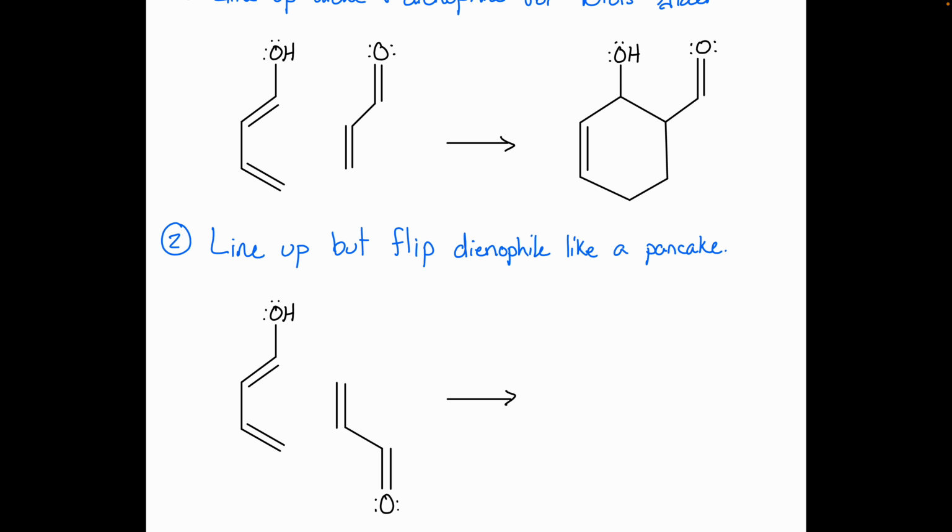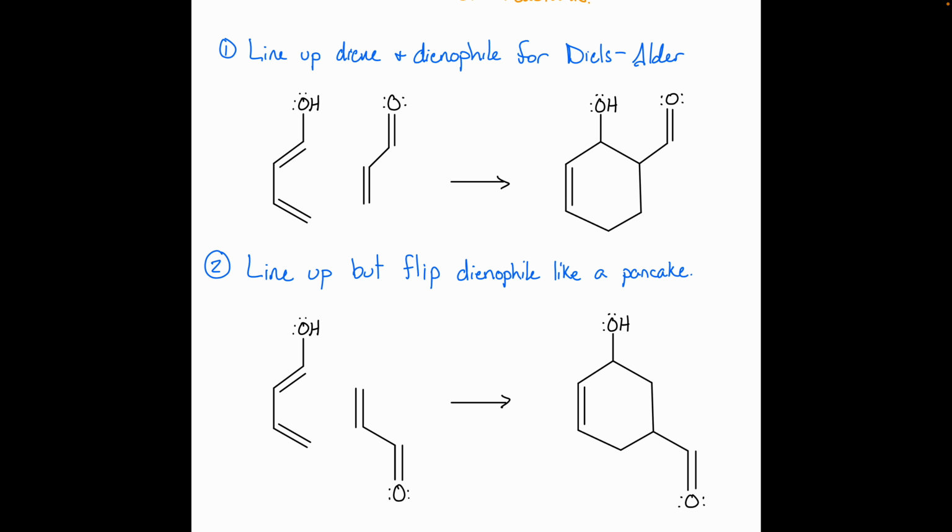All right, so I get the same six-membered ring. It's got the same two functional groups, but now those functional groups are spaced apart differently. So depending on which way I orient my diene and my dienophile, I get two different possible products.